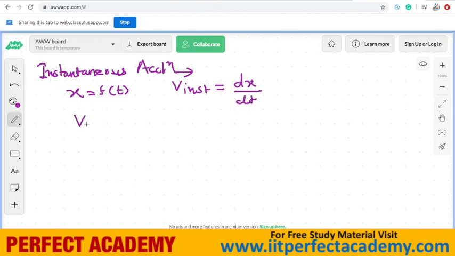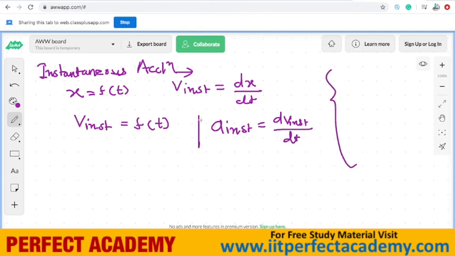Similarly, we can have instantaneous velocity also as a function of time. So if this is the case, then the instantaneous acceleration at a given point or given instant is given by dv by dt.